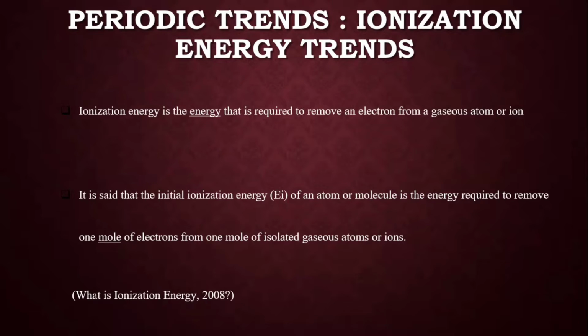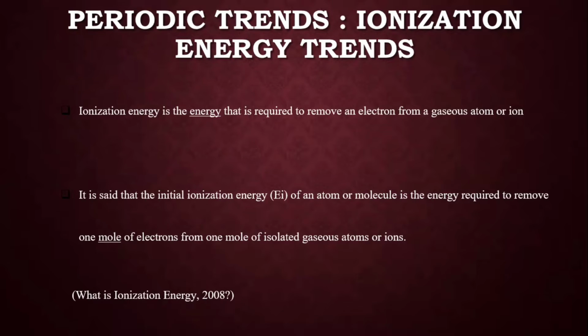The higher the ionization energy, the more difficult it is to remove an electron. Therefore, ionization energy is an indicator of reactivity. It is important because it helps to predict the strength of a chemical bond.